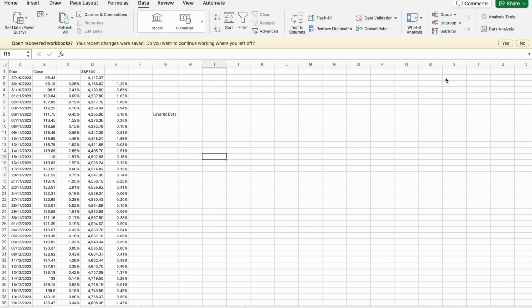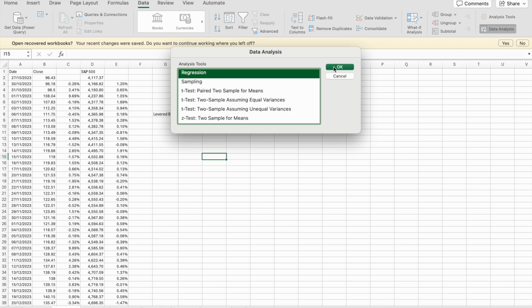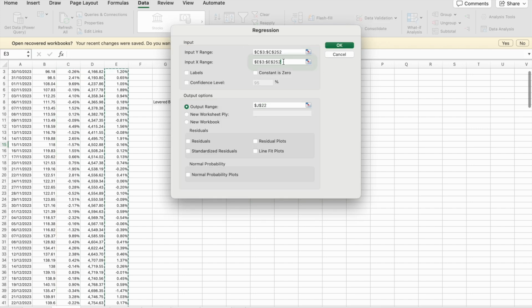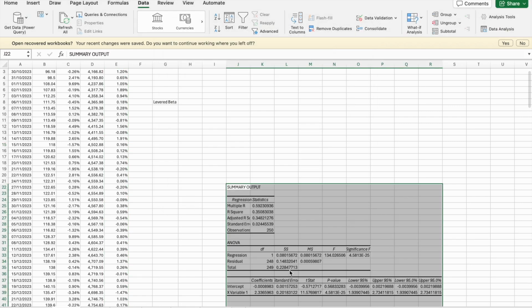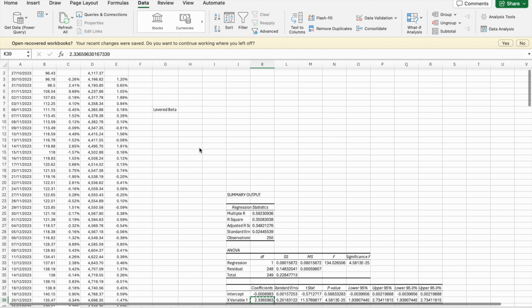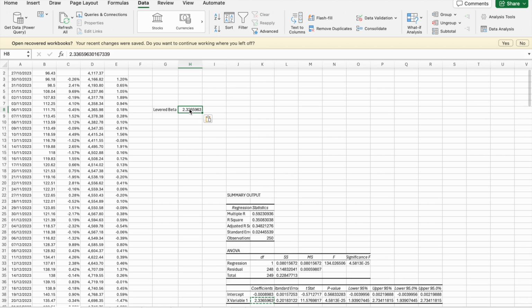Simply it would be the data analysis toolpak, regression, select the y-axis and the x-axis. Y is the dependent, and x is the independent. So here we got the beta, which is 2.33 something.